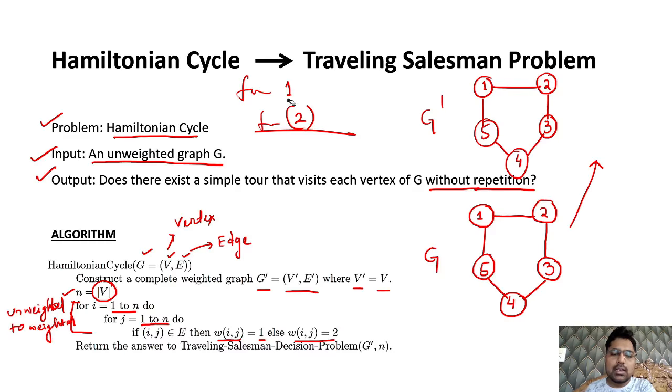Like for i equal to 1 and j equal to 1, suppose. Then 1 comma 1: does it belong to E, the set of edges, or not? 1 to 1 means a self loop. Does it exist? No. From the given graph, the self loop is not possible.